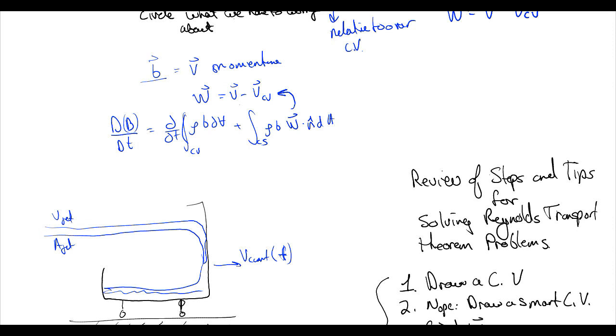So from now on, we're going to write this velocity as w, and if velocity shows up somewhere else, we'll write it as v. But we want to make sure those two are absolutely separate.